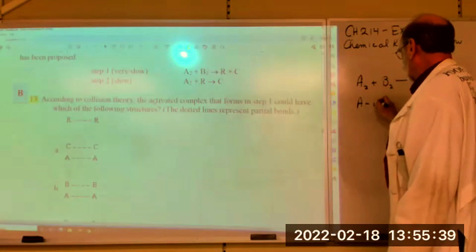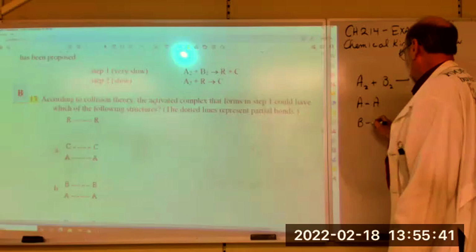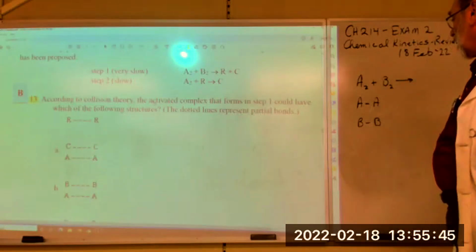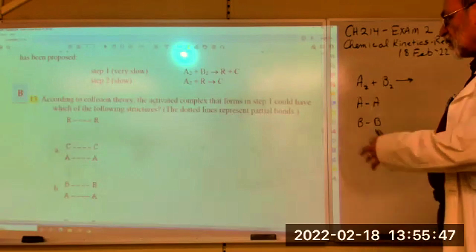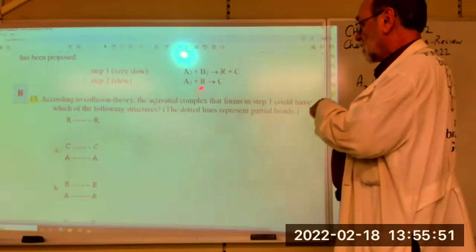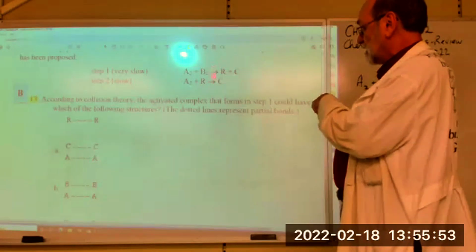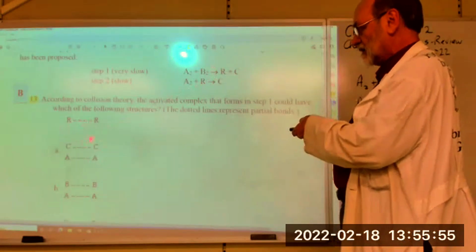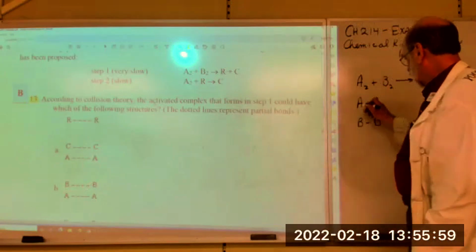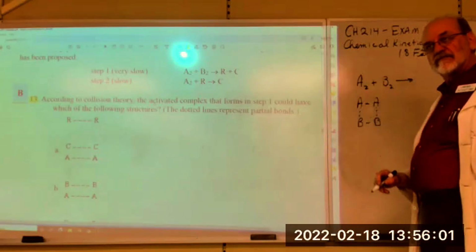This is A bound with A, and this is B bound with B. Okay, so an activated complex, which would be the most likely? Well, you're not going to have an R, because that comes out the other end. It's in here somewhere, so R's out. A and B could be like that. That's possible.